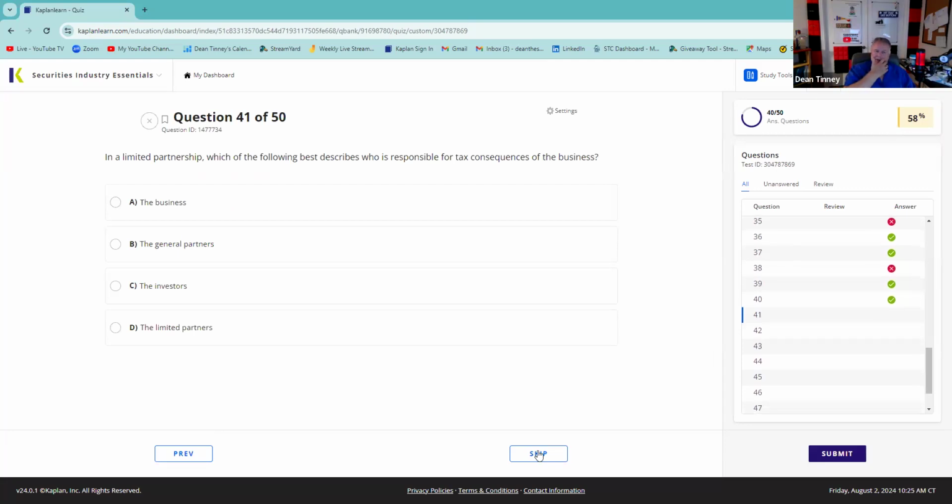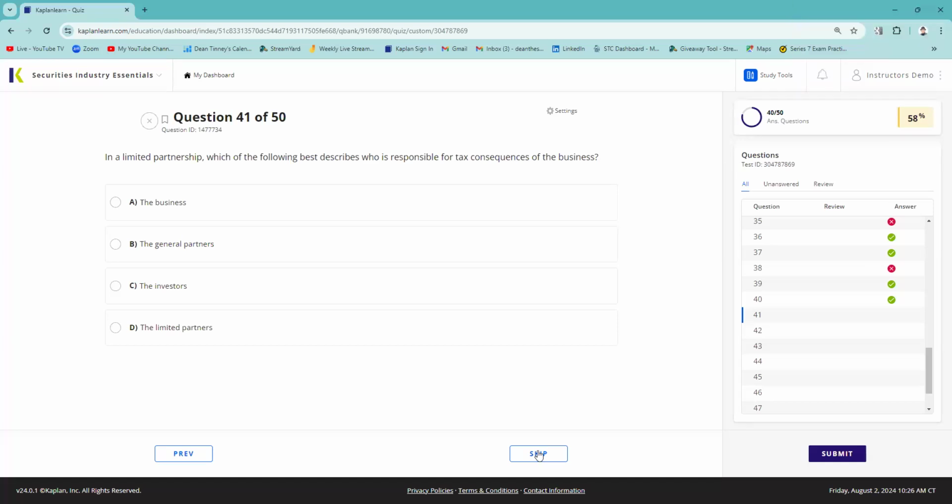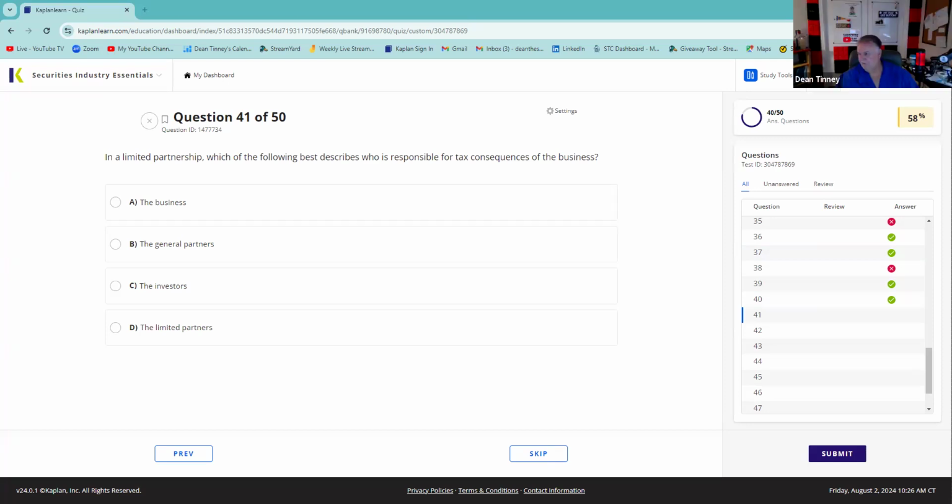In a limited partnership, which of the following best describes who is responsible for the tax consequences of the business? I think both of us may struggle on this one because we may overthink it.